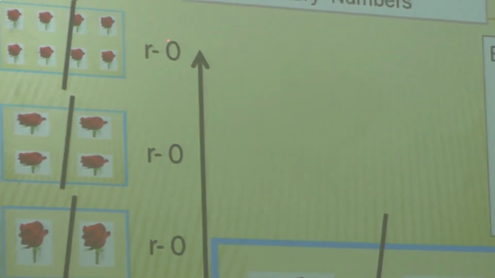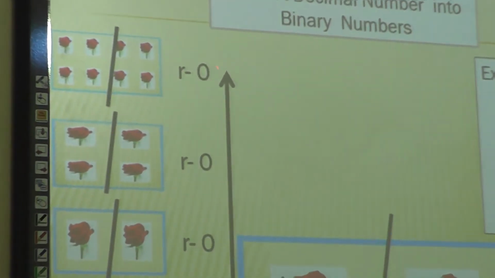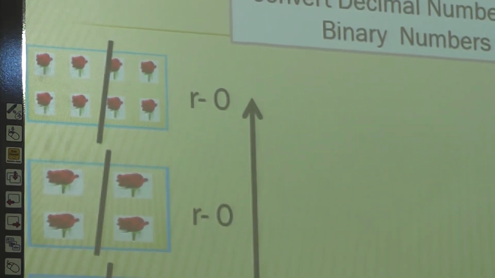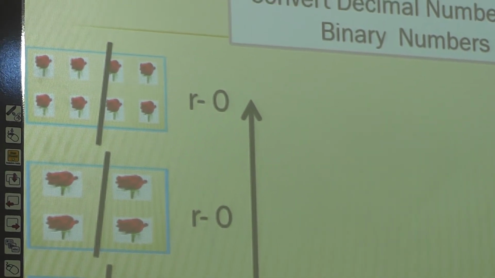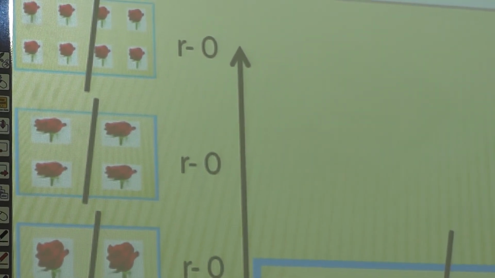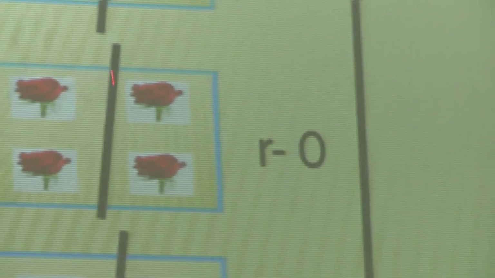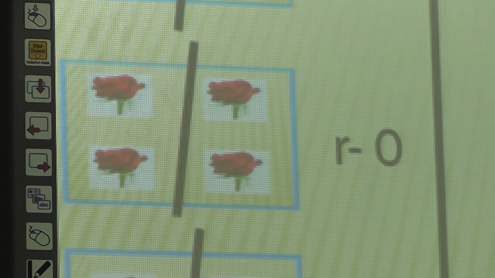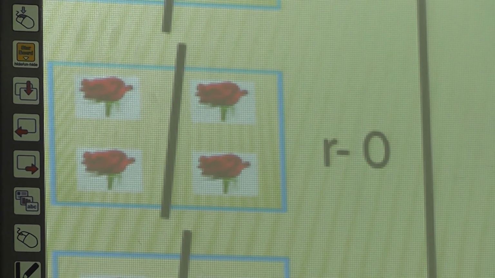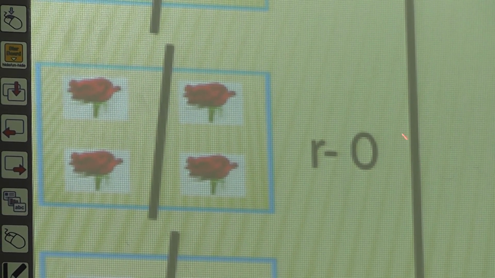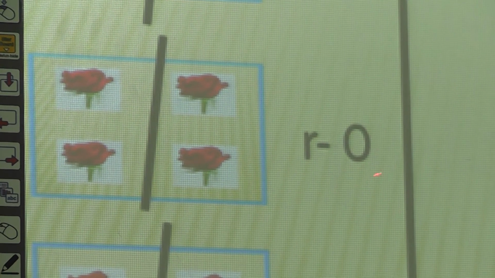No, correct. There is no remainder, so we'll just write R0. Okay? Now, divide 4 by 2. Do we have remainder? Correct. We do not have remainder, so we'll just write R0.